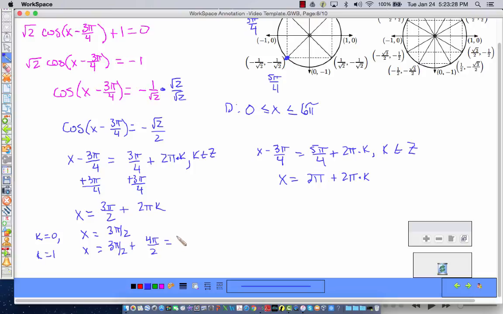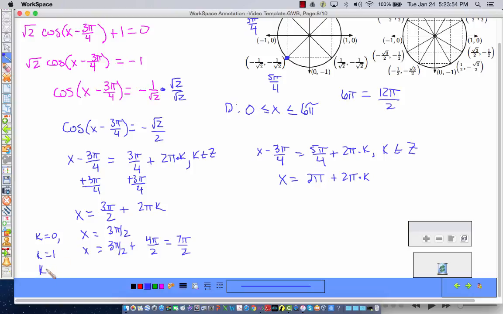So that's equal to 7 pi over 2, which is well within my domain. Now, you want to use the same denominator for the end of your domain as the denominator you have here, so you can be careful. So it has to be always less than 12 pi over 2.